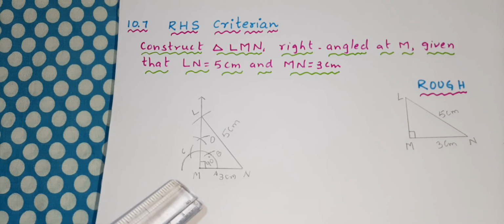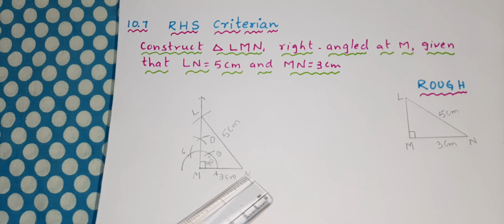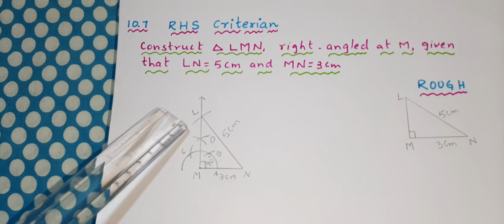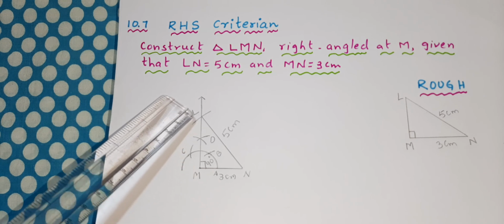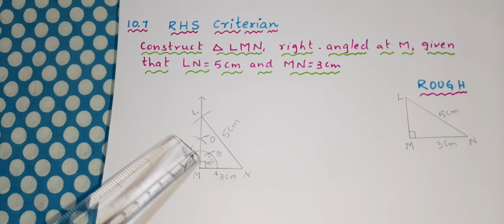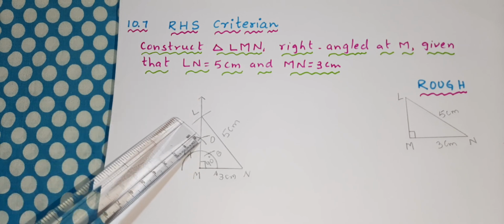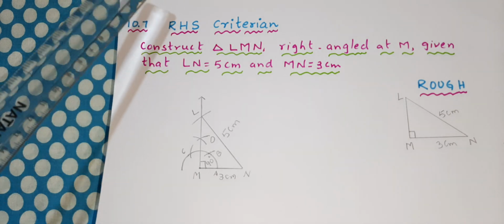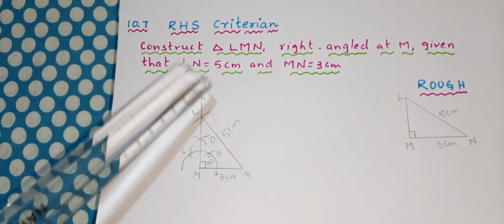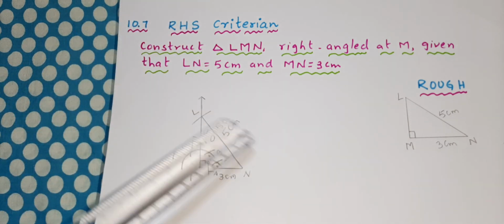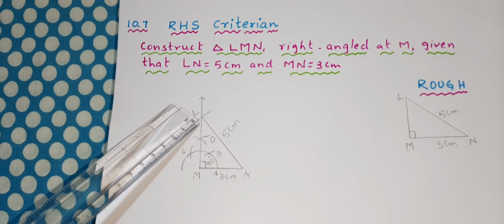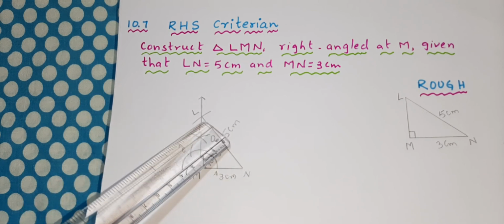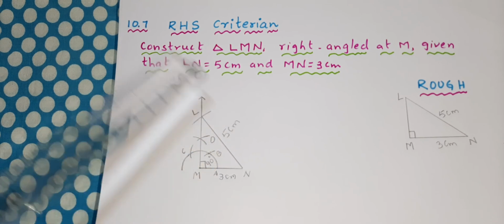Now, first of all, draw a line segment MN with 3 centimeter. Now, construct 90 degrees by using compass. Clear? Draw a ray. MD is a ray which is passing through D here. Just extend that ray. Now, take 5 centimeter on the scale by using compass. Take center as N. Cut that ray at point L. Join LN, it will become 5 centimeter. Right, children?